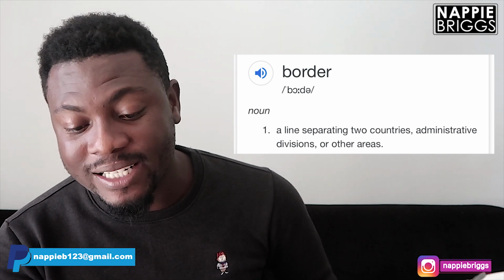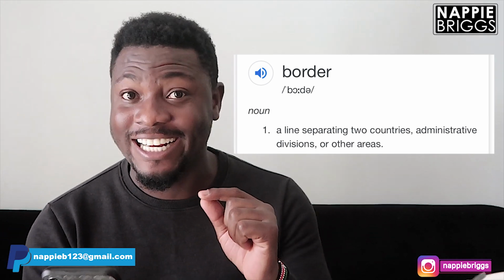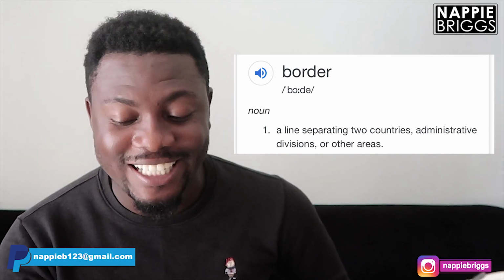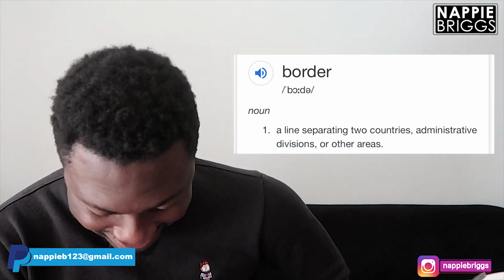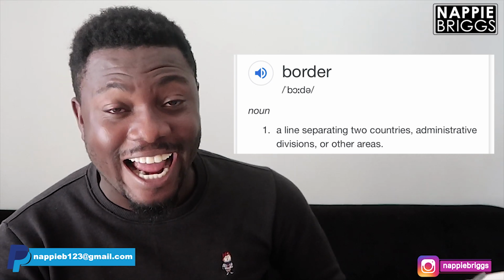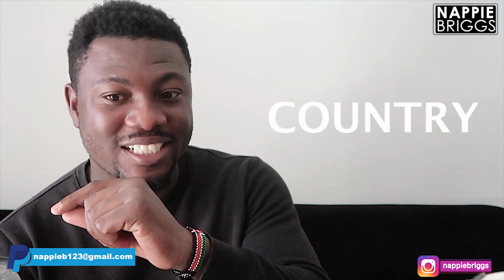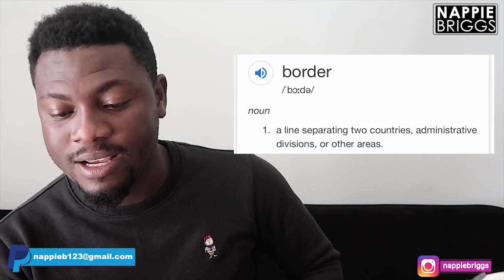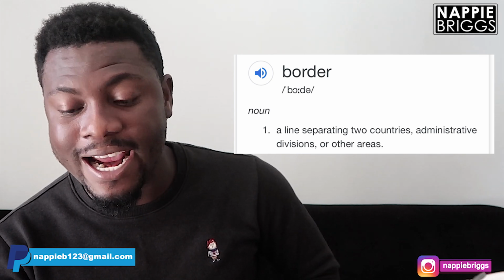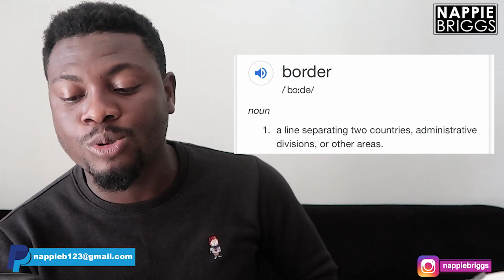Alright, so Google says border is a line separating two countries, administrative divisions or other areas. The keywords here are line, separate, and countries.